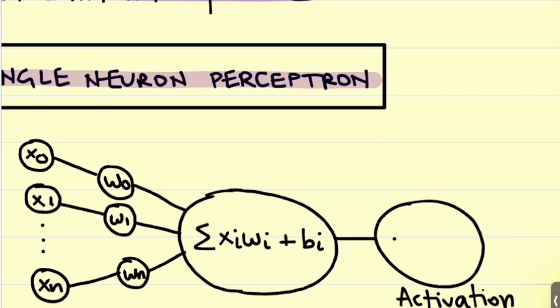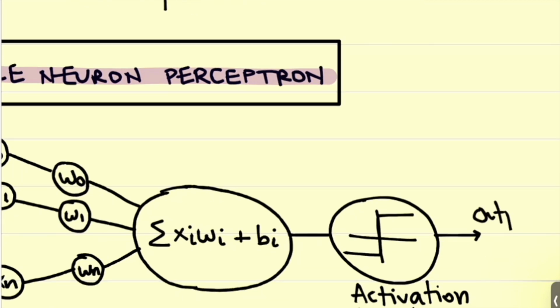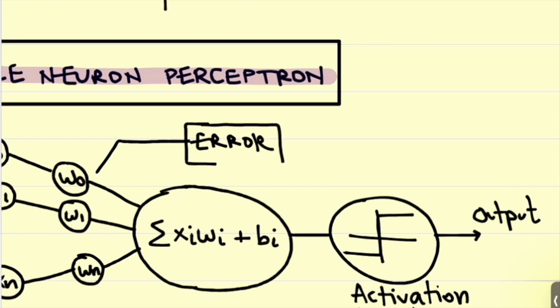Okay, I'll just paint a step function here. And then we have the output. And we have the calculation of an error in what we call the backpropagation process. Okay?